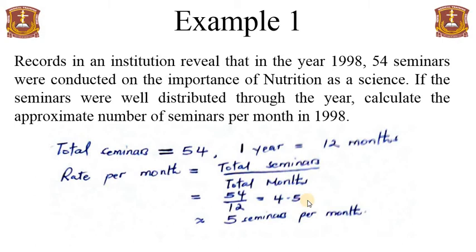So we don't have a 0.5 seminar. So that means we are going to approximate this to about 5 seminars per month. That is a rate which can reflect some information if maybe an institution wants to gauge the number of seminars offered and whether to improve or not.